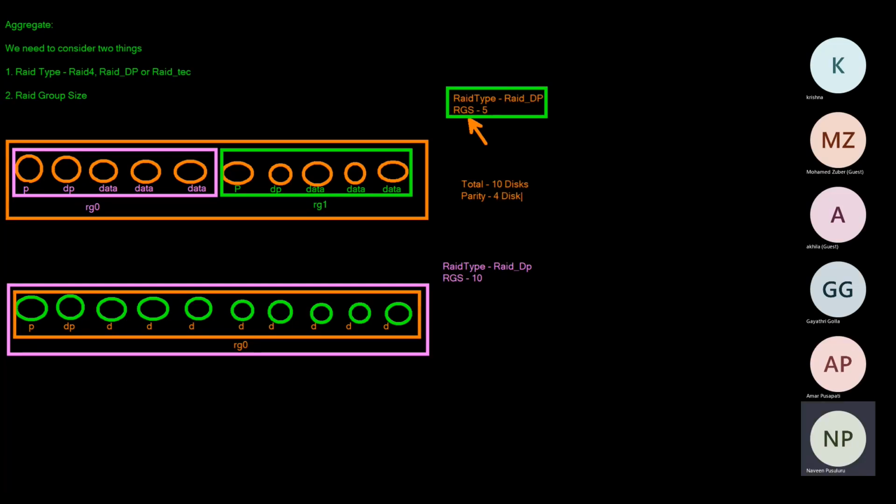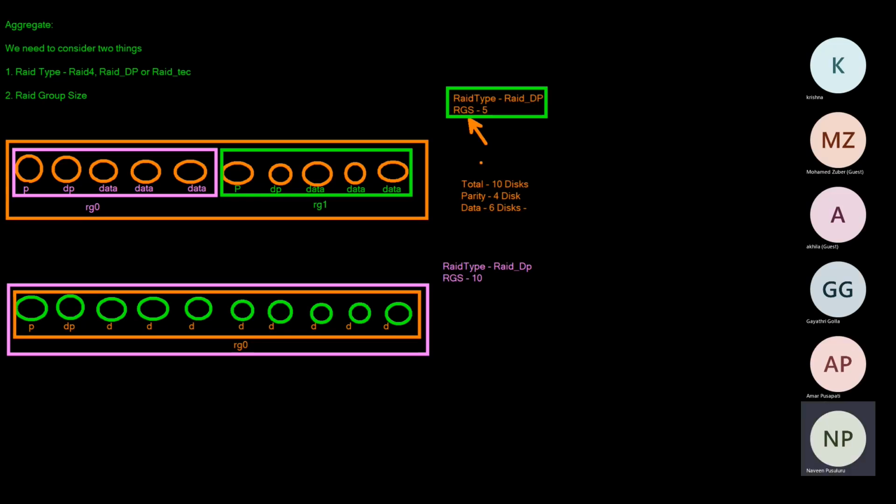Because in write group 0, 2 disks, and write group 1, 2 disks. How many are for data? Only 6 disks. That means I can utilize only 6 disks to copy my data, because parity disks contain parity and D parity contains only duplicate data, right?